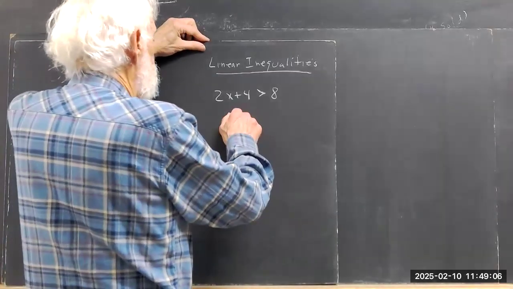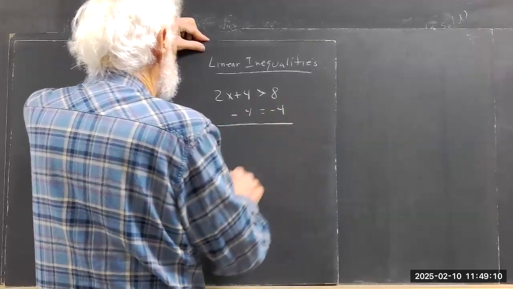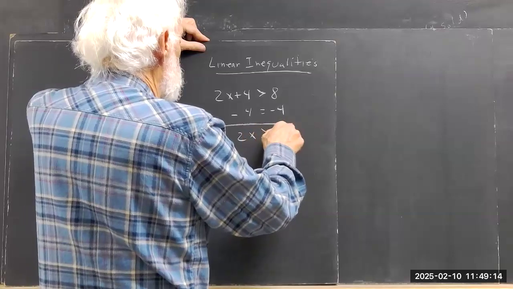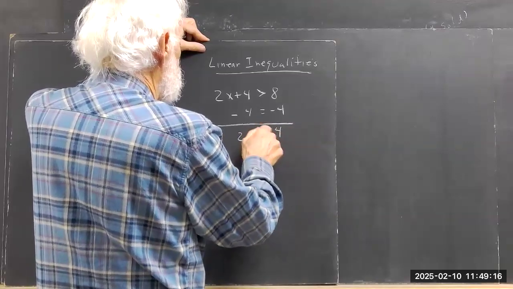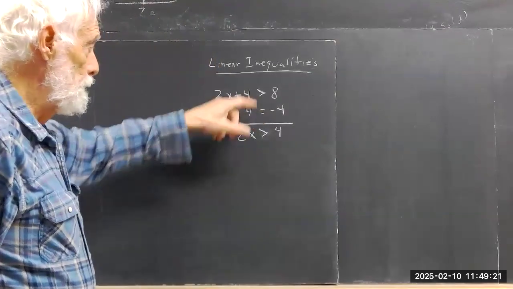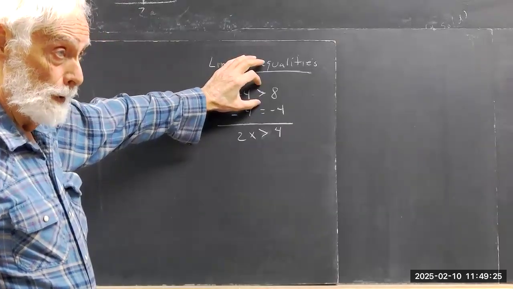We can subtract 4 from both sides, which is going to give us 2x greater than 4. Adding an equality to an inequality doesn't change the fact that you still have that same inequality, okay?